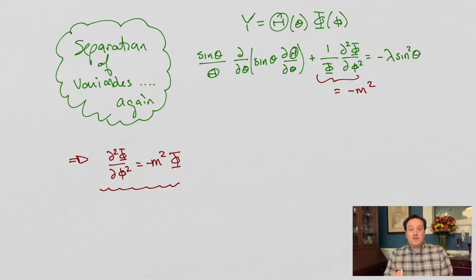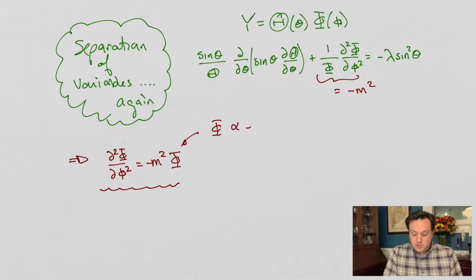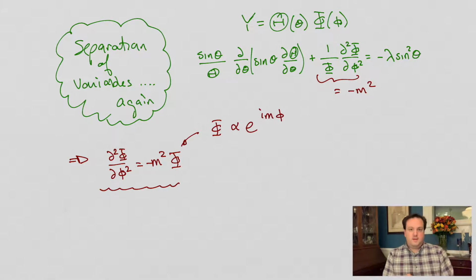It took that long to finally get to a place where I can recognize it, and therefore I know that the solutions for capital Phi are going to have to be proportional to e to the, well, plus or minus, i m phi, right? And we finally can do one of these problems analytically.